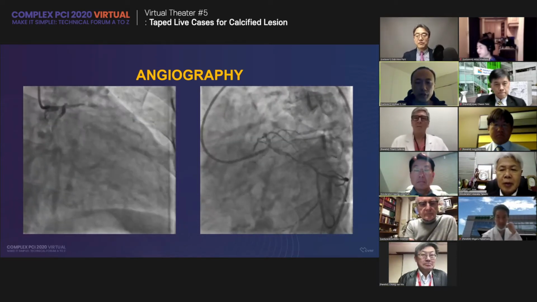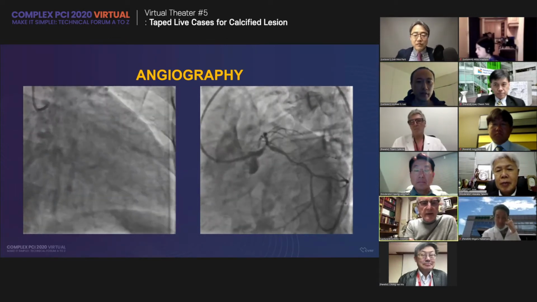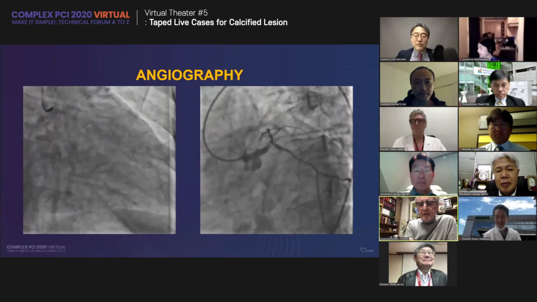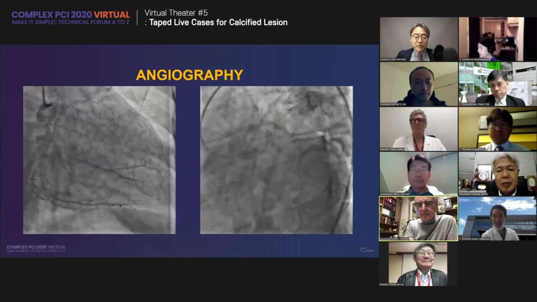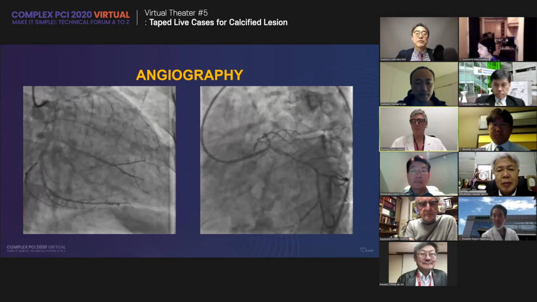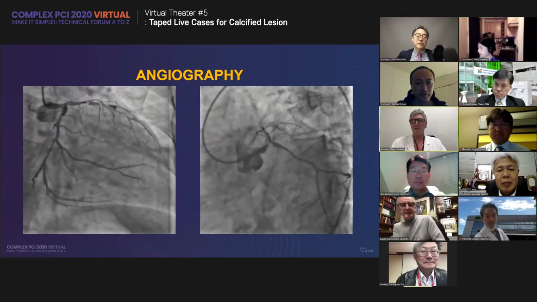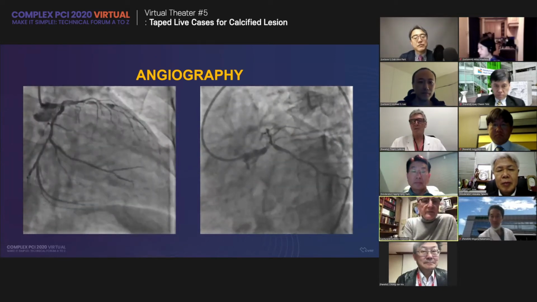Dr. Colombo, how would you address the distal left main bifurcation? I think I will do my best with one stent, maybe drug-eluting, but a drug-coated balloon on the circumflex. Or maybe the opposite, I don't know. Because the circ is a very important vessel in this patient, I like to stent the LAD.